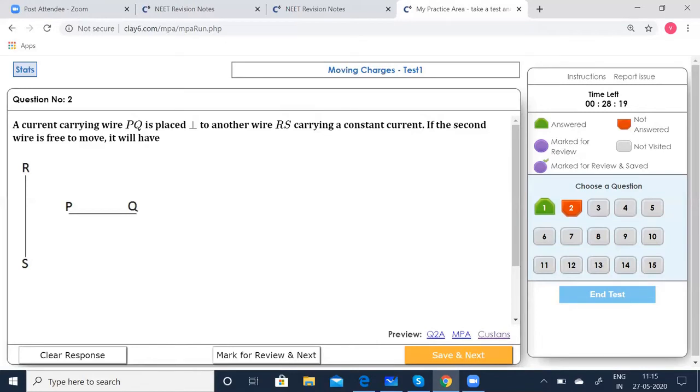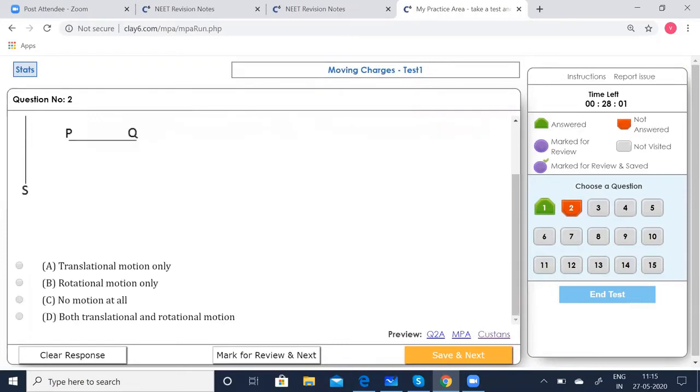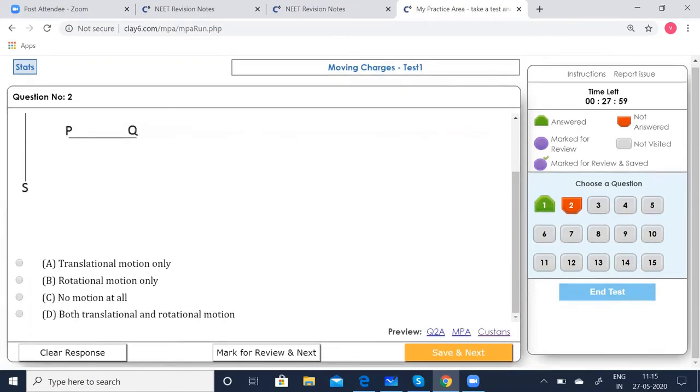So there is going to be both force and torque acting. So PQ will have both types of motions. Let's see which option is correct. Both translational and rotational motion. Option B is correct.